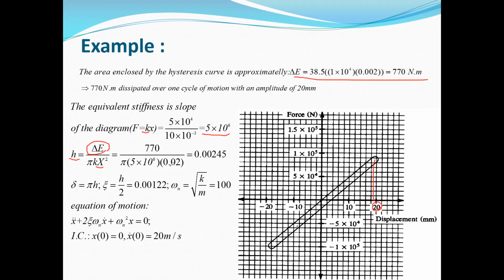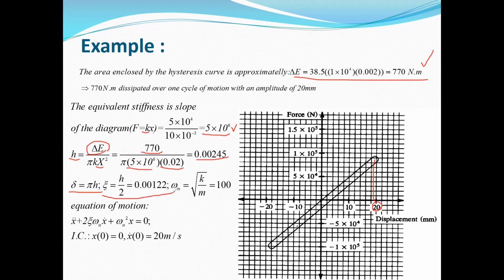So we can substitute, and we should convert 20 millimeter into meter, which is 0.02. The stiffness is calculated in this part. Delta E is calculated in the first part, and we can substitute, and finally the H, which is 0.00245. Now easily we can find delta, because delta is equal to pi times H.